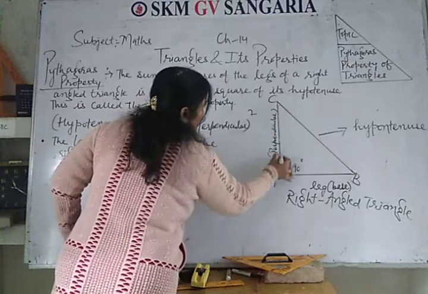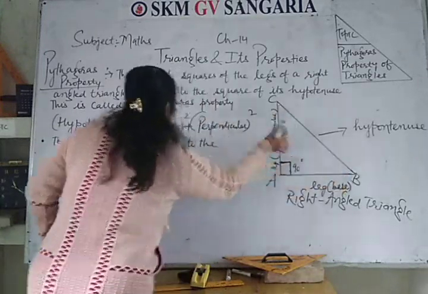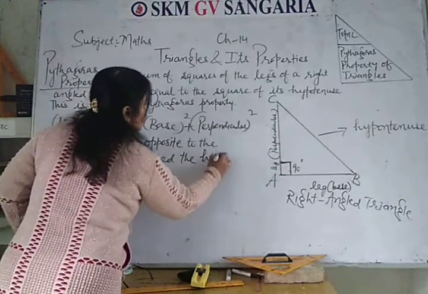This is the perpendicular, and the longest side opposite to the right angle is called the hypotenuse.